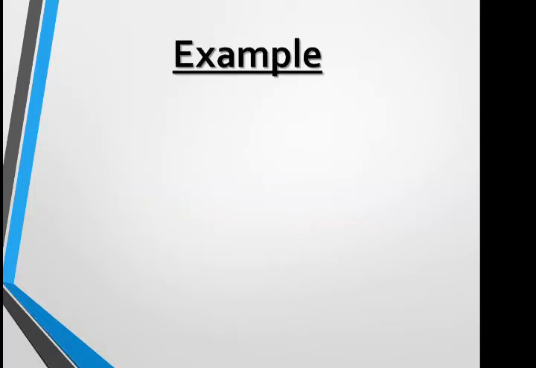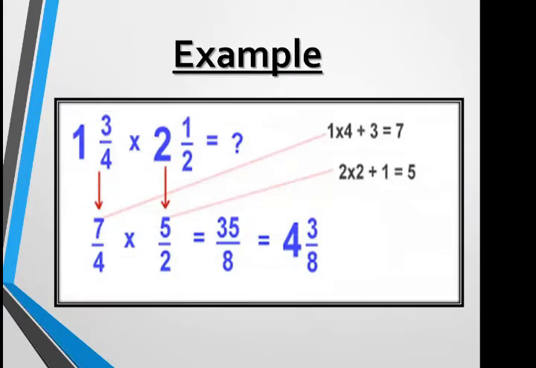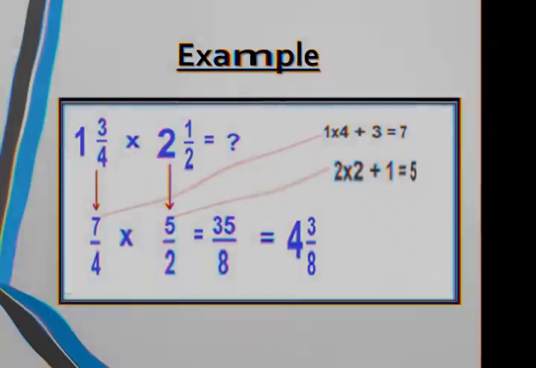We have an example of multiplicative inverse: 1 and 3 over 4 multiplied by 2 and 1 over 2. The question is in the form of mixed fractions. So what we have to do when we have a question in the form of mixed fractions, first we have to convert it into common fractions.